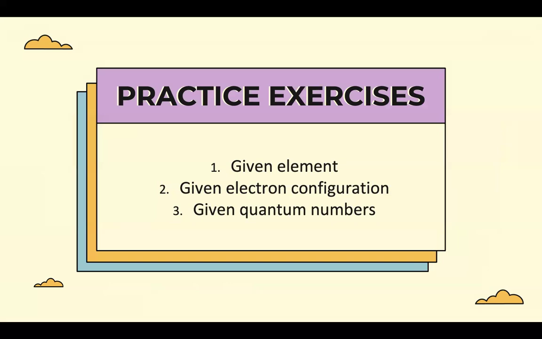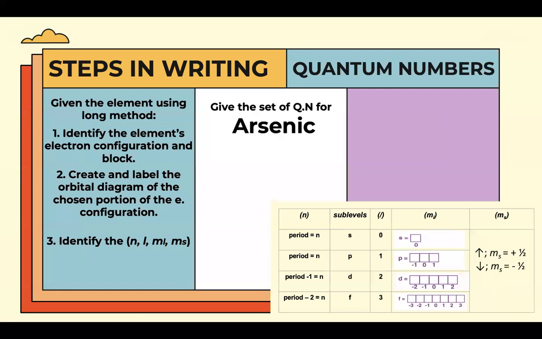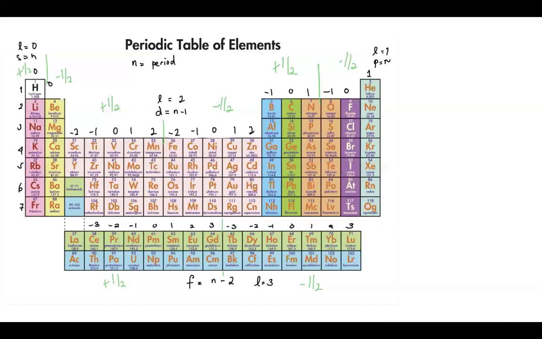Okay? You can give the quantum numbers and you can also name the element. Ayan, that's possible. Right? So again, here are the steps in writing the long method for writing the quantum number. But right now, let's proceed with the short method, or just by looking at your periodic table.